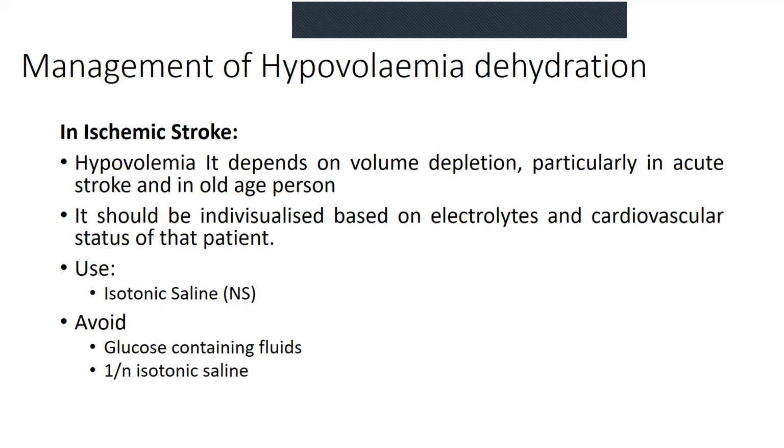In management of hypovolemia and dehydration in ischemic stroke, hypovolemia depends on volume depletion, particularly in acute stroke and in old age persons. Volume depletion can cause deficient blood or oxygen supply to the brain. It should also be individualized based on electrolytes and cardiovascular status of the patient.